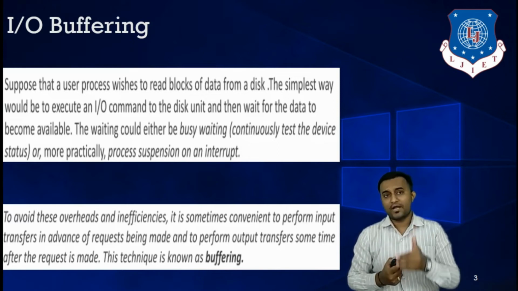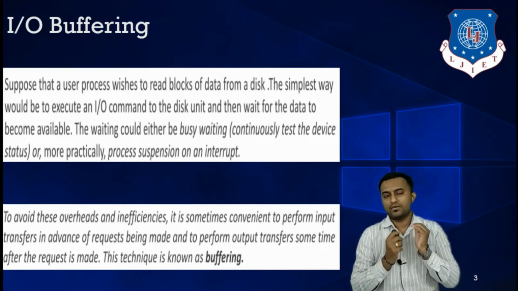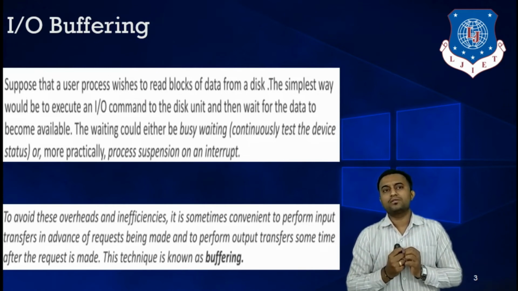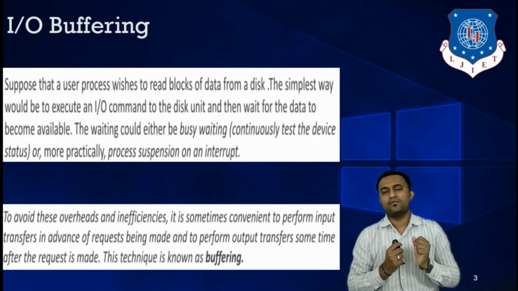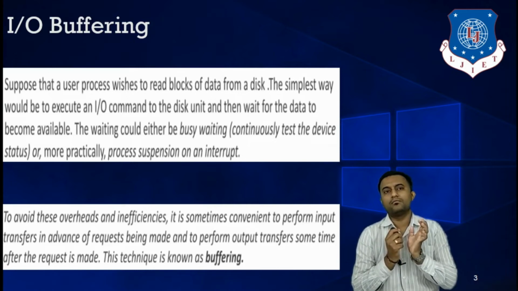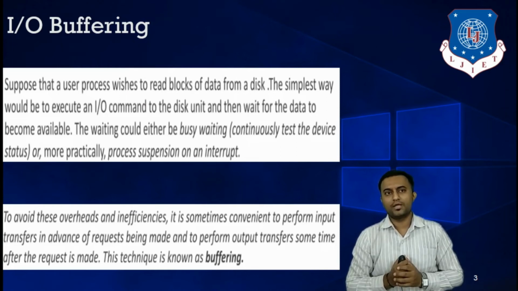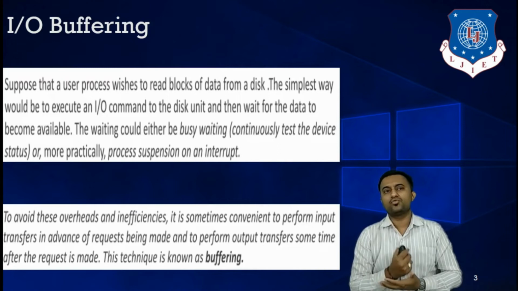Means what we can do is, when IO bound processes are not that much in main memory for execution, in that case we will process that IO bound request and store that request into a buffer.